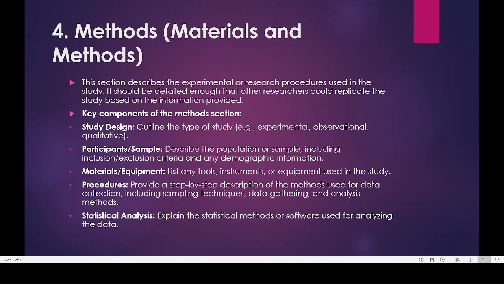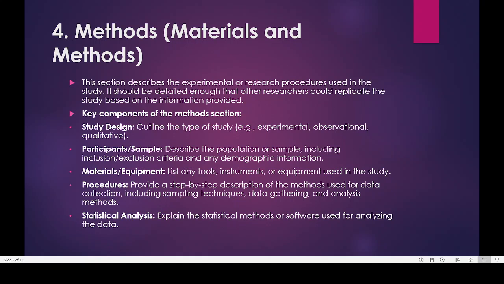Another aspect is materials or equipment. List any tools, instruments, and equipment used in the study. For example, in any scientific study, nowadays modern equipment is available. Normally, if you are doing a scientific study, you will be using a camera. Present cameras are more advanced. Most cameras, if you take a photograph, immediately show the GPS location. By simply taking the photograph, you are getting the GPS location. Nowadays, night vision cameras are there.